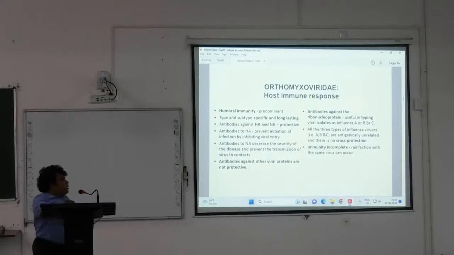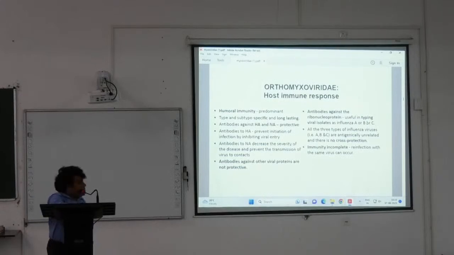Now let us look at the human immune response. What is the immune response to this virus? I had already said that hemagglutinin and neuraminidase are the two antigens mainly important for viral entry into the cell. So, if the human body produces antibody against these two antigens, that would be protective.